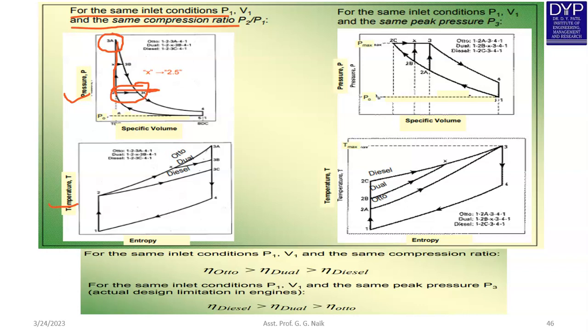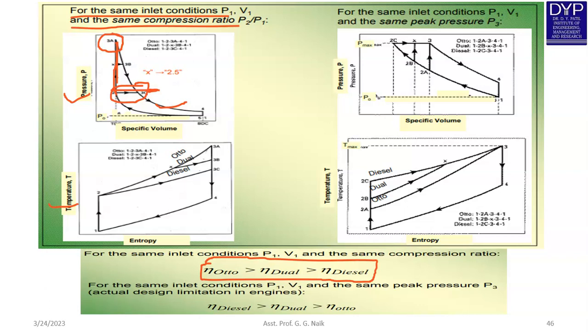That's why it is a diesel cycle, and this one is the Otto cycle. Therefore, for the same inlet conditions, pressure and volume, and the same compression ratio, the efficiency of the Otto cycle is more than dual, which is more than the diesel cycle.